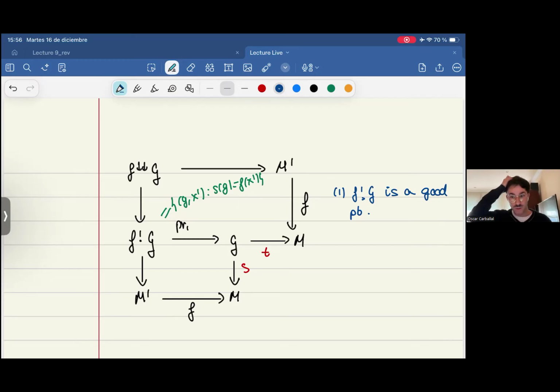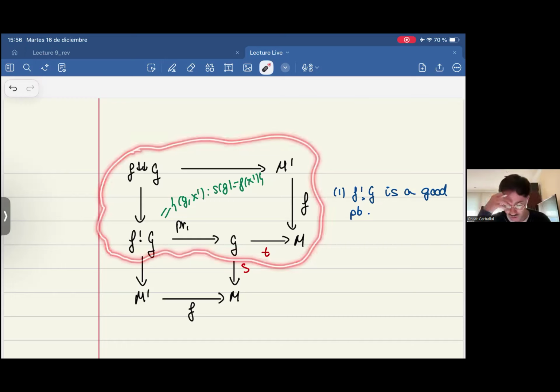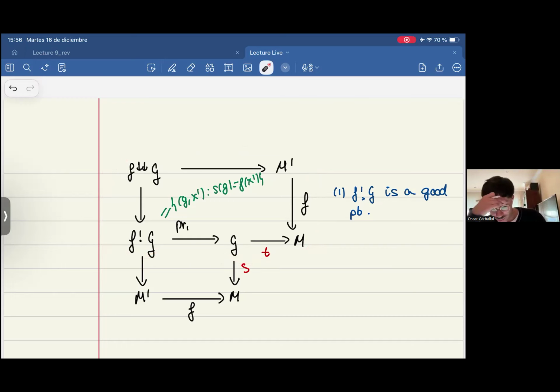Okay, so now the natural thing to say is, in order to study this upper pullback, well, upper diagram, to be a pullback, one maybe should require F being a surjective submersion. Okay, if F is a surjective submersion, for sure it works, and it is moreover the usual case in practice.